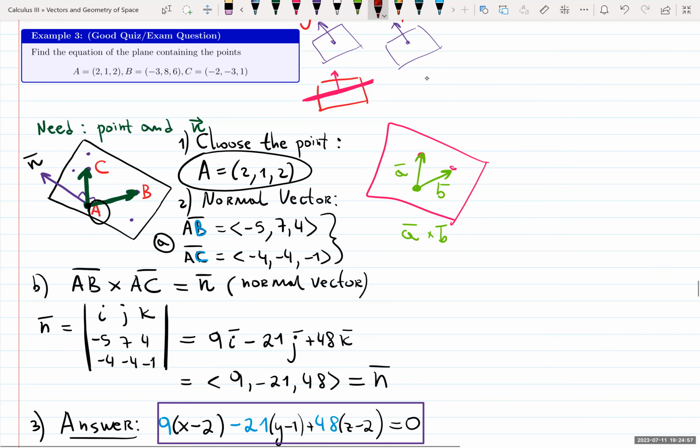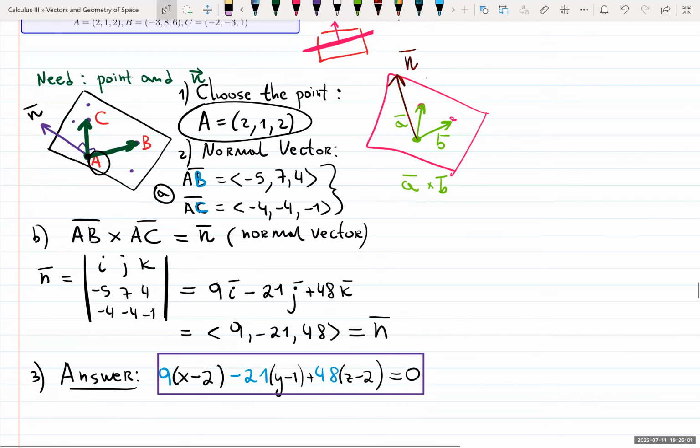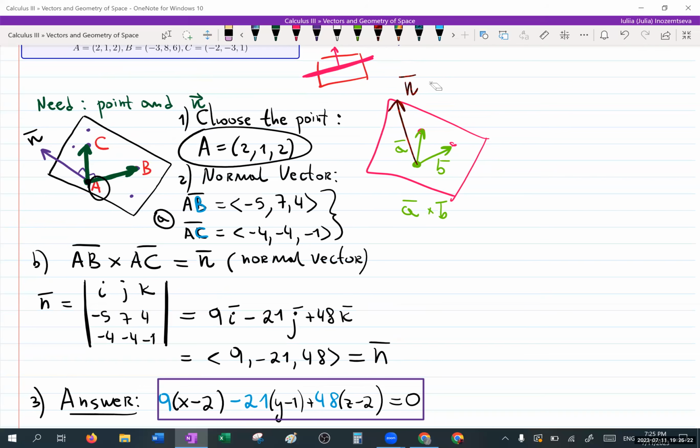That is your N. From there, you just have the definition. In this case, in blue, it's 9, minus 21, and 48. That's your n. And then choose the point, any point out of 3 will actually work. And voila, you got the equation. That is the most classic problem to give on a test.